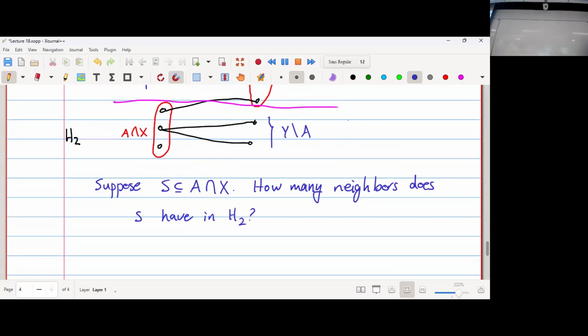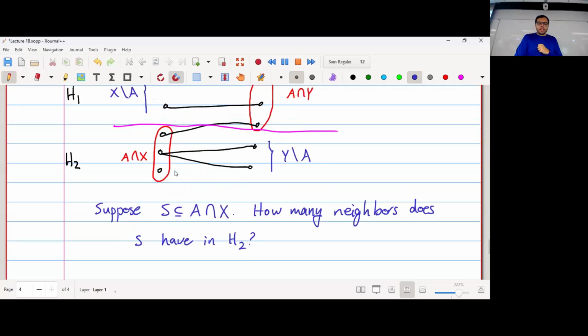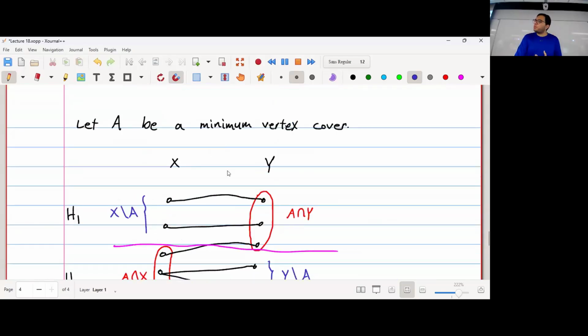Can I claim, if I have a vertex in S that doesn't really add any new neighbors, so the neighbors of S are the same whether or not I include this vertex, then I can just remove that vertex from my minimum vertex cover.